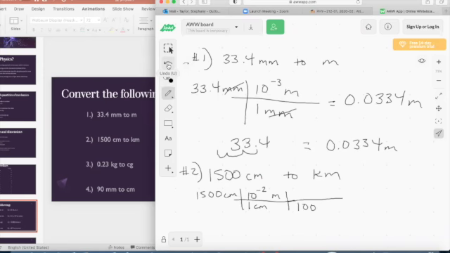Let me go back. 10 to the third meters equals 1 kilometer. Okay, so if we were to put this in our calculator, right, we would get 0.015 kilometers.